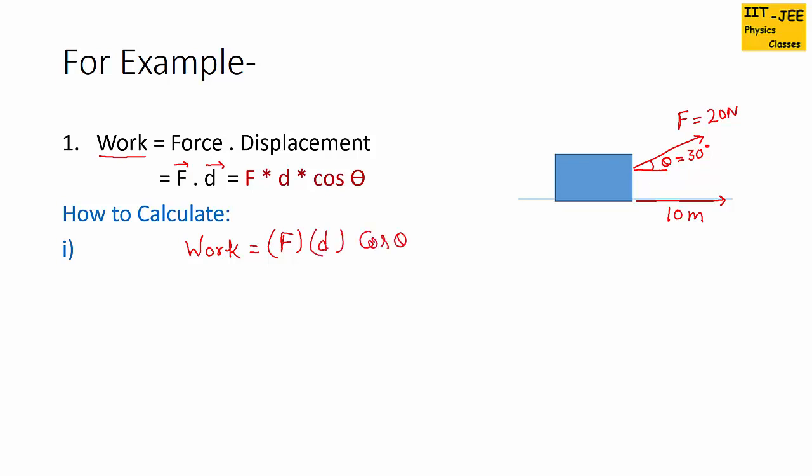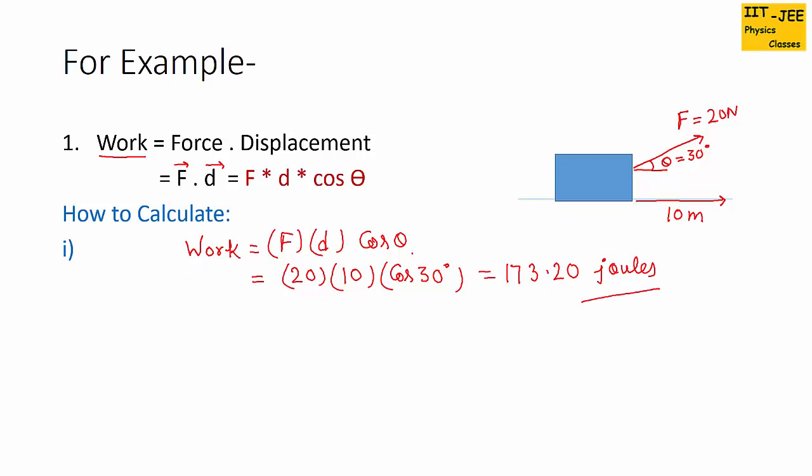You can see the angle between this force and the horizontal is 30 degrees and the displacement is towards the horizontal. So that means the angle between force and displacement is 30 degrees, which gives 20 times 10 times cos 30 degrees, which equals 173.20 joules. Joule is the unit of work done. That's why we put the answer in joules.